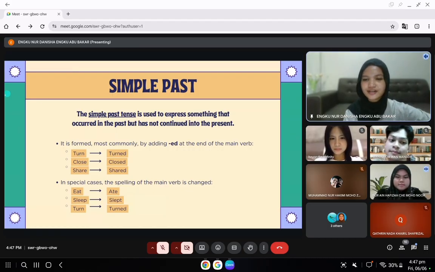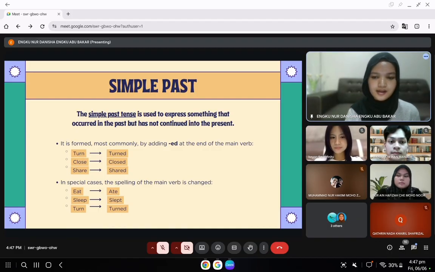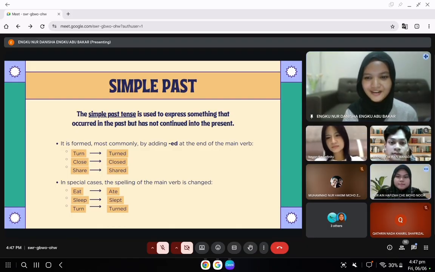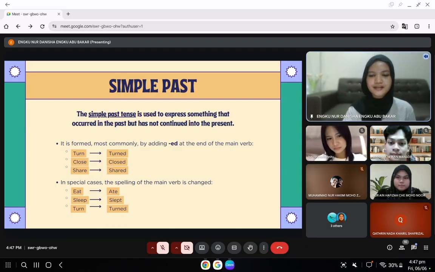For example, the word turn, the simple past form of turn is turned, and the simple past form for close is closed. Can you see the difference?